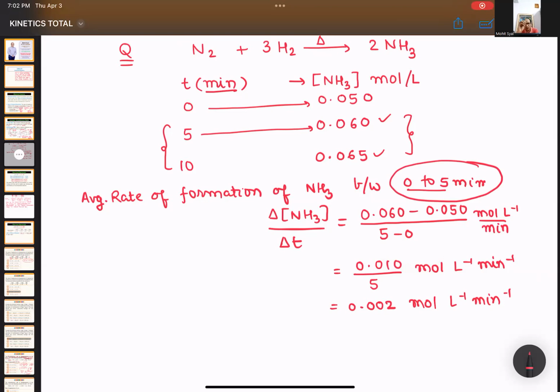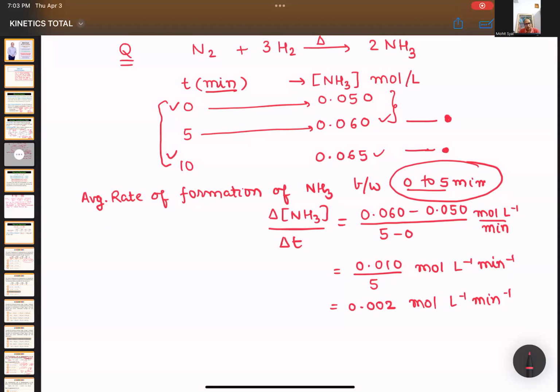This question is talking about 0 to 5 minutes, so I have used these two values. If the question is talking about 0 to 10 minutes, I should use the first and the third value. If it is 5 to 10 minutes, I should use the second value and the third value.